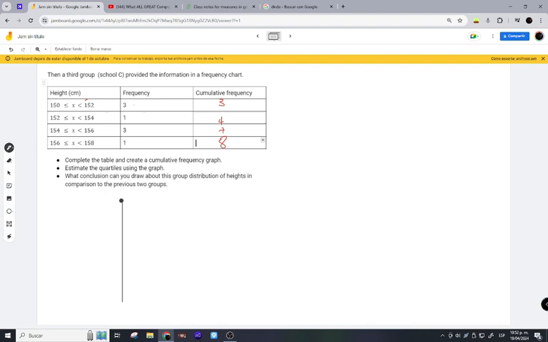On the vertical axis, we have the cumulative frequency, and let's design a scale already for this. Since we are counting only up to 8 people, it's a fairly easy scale: 1, 2, 3, 4, 5, 6, 7, and 8, more or less. I can erase a little bit here.